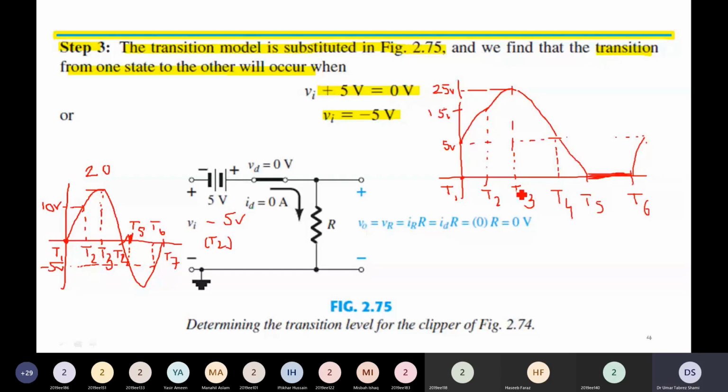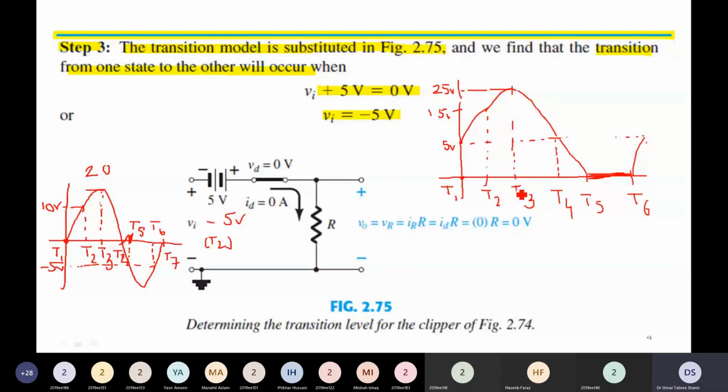So, as we had talked earlier, these are the two jobs of the clipper. As shown in this diagram, it has removed the negative part of the signal. It has clipped away the negative part of the signal, along with which it has level shifted that portion of the positive half which is in series with the DC external battery.